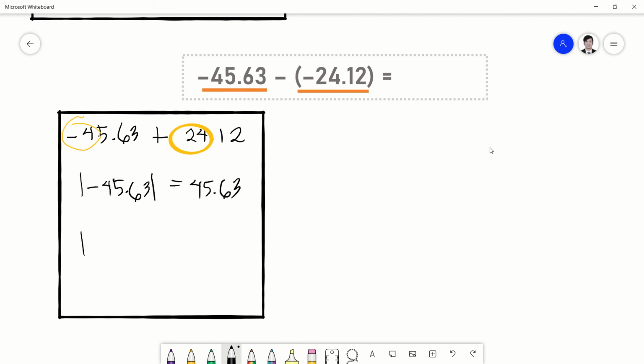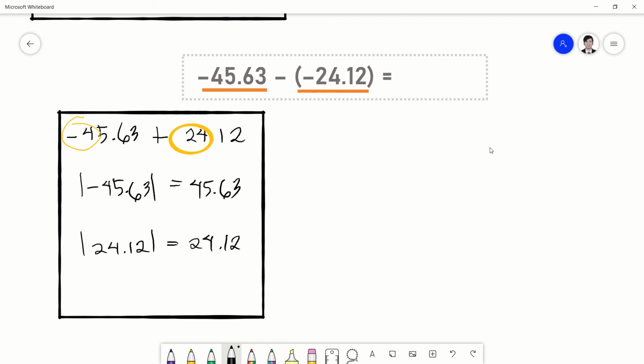And the absolute value of 24.12 is equal to 24.12. Always remember this: the absolute value of any number will always be positive because we're talking about distance. And the distance in any direction would always be positive.